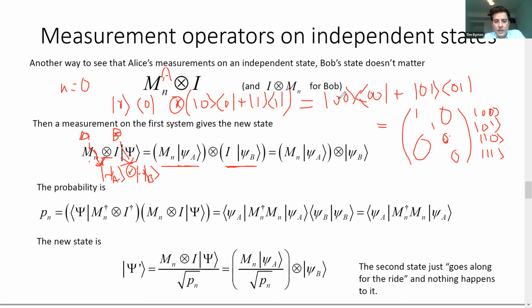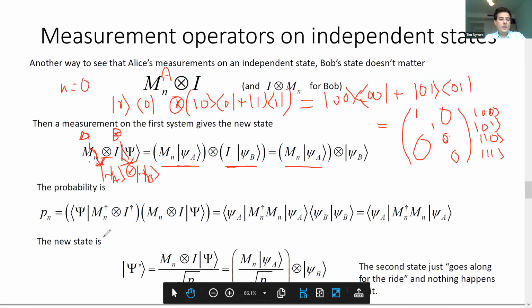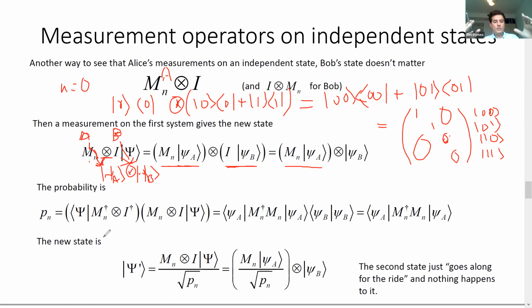And then you have just this state, which is the measured version of Alice's state times Bob's state. And then you can work out the probability by doing the usual thing that we do, which is we take the inner product of this state, the thing that we just calculated, and then take the complex conjugate transpose. So we calculate this quantity here.